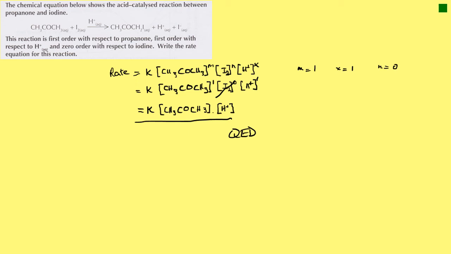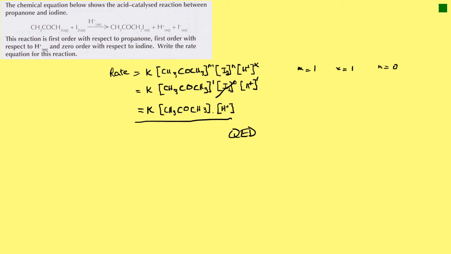It says that the reaction is first order with respect to propanone. So M is going to be 1. Now the question also says that it's first order with respect to hydrogen ions. So X is going to be 1. And it also tells us that it's 0 order with respect to iodine. So that means N is going to be 0.